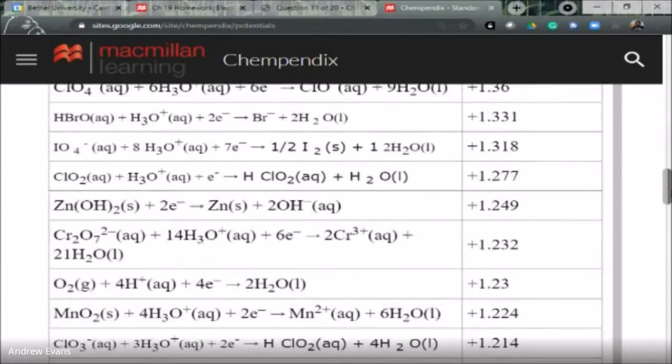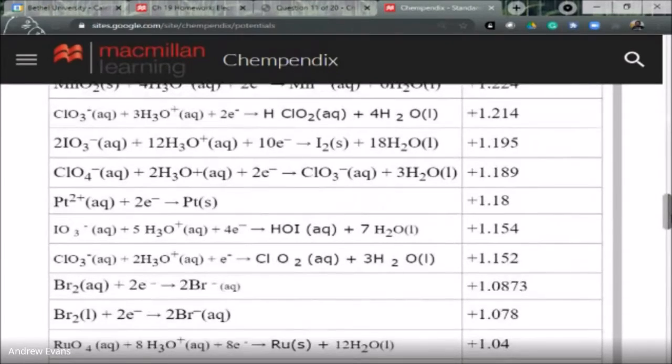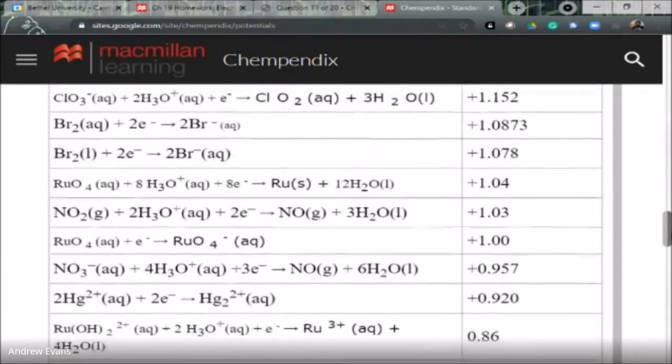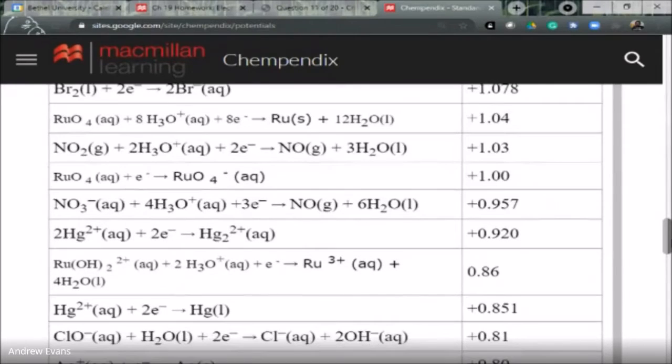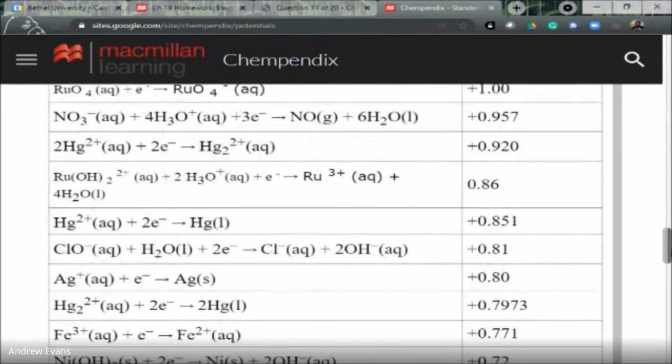Make sure you find the exact equation, but keep in mind, sometimes a product may be hidden if it's like water and it cancels out. In this case, silver+ goes to silver, and that is positive 0.8.